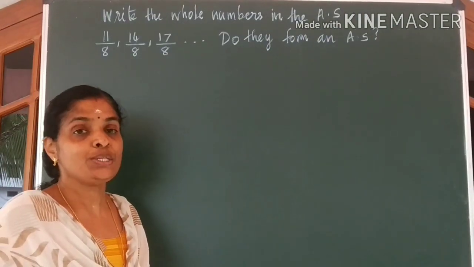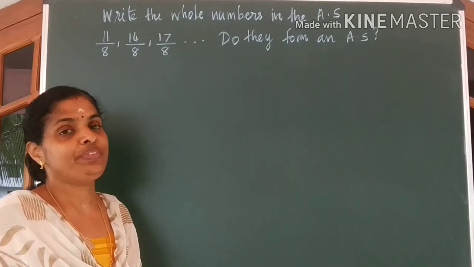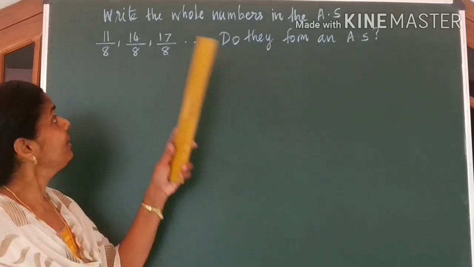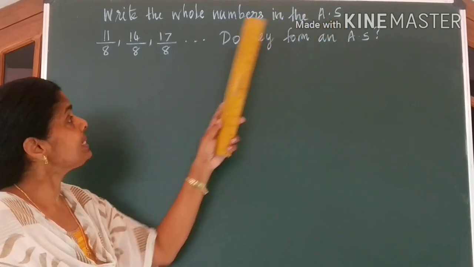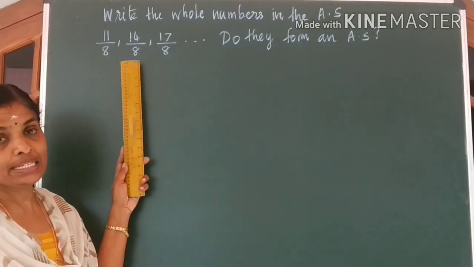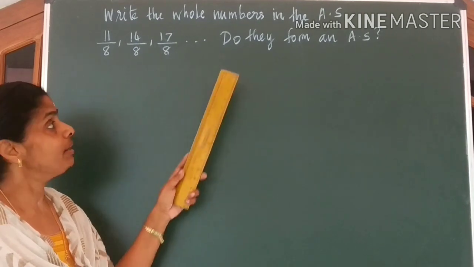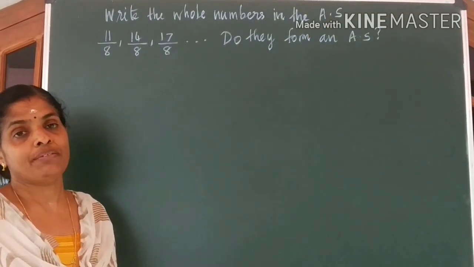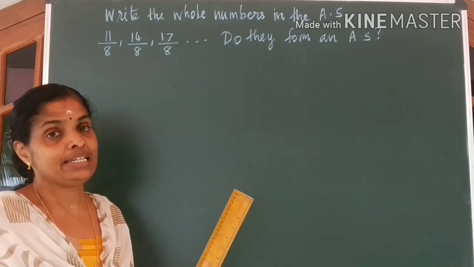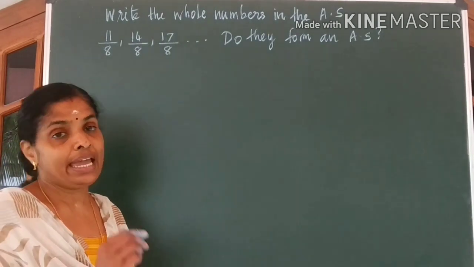Let us discuss one more question of the same type. Okay. Write the whole numbers in the arithmetic sequence 11 by 8, 14 by 8, etc. Do they form an AS? So, use our same idea. That is, we have to write the nth term.